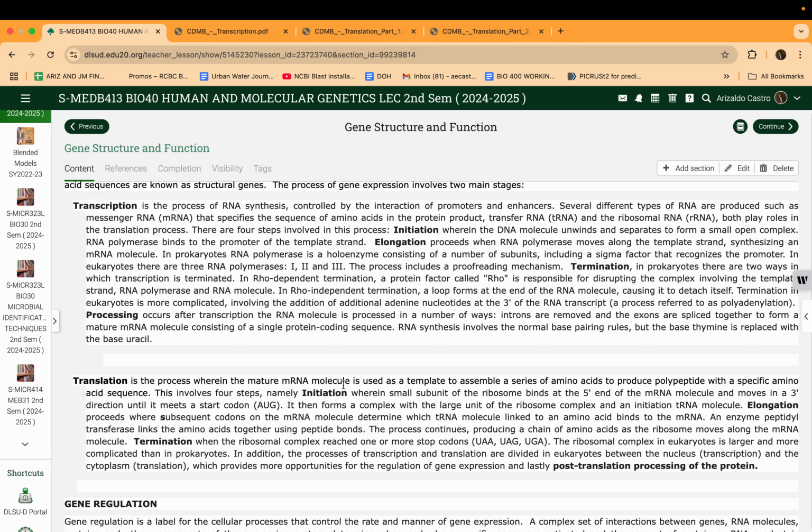Then the third step, termination, is when there is dissociation of the RNA polymerase from the template strand and from the open complex, allowing for freeing of the transcribed mRNA.